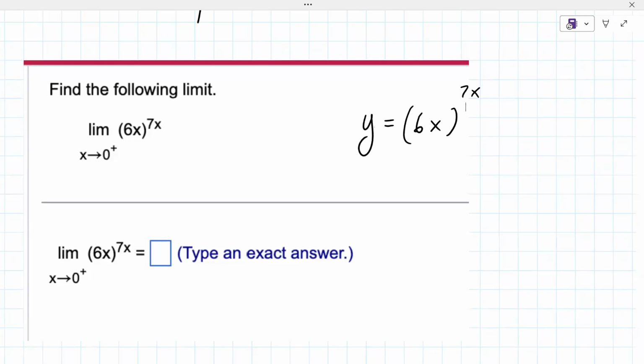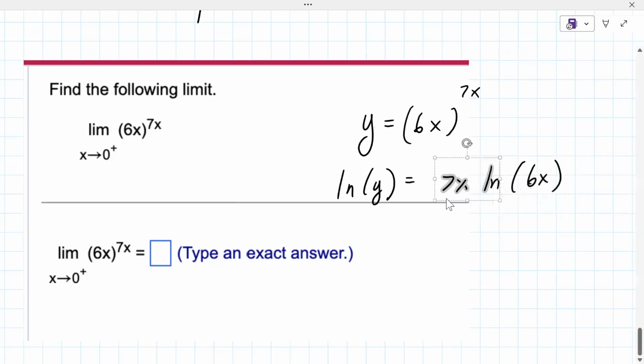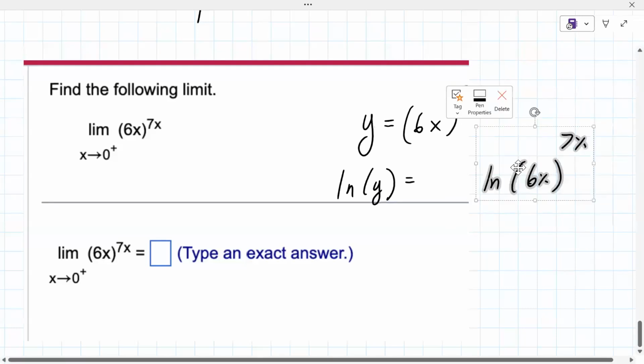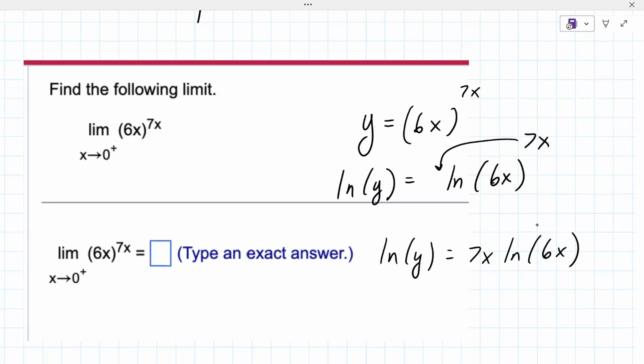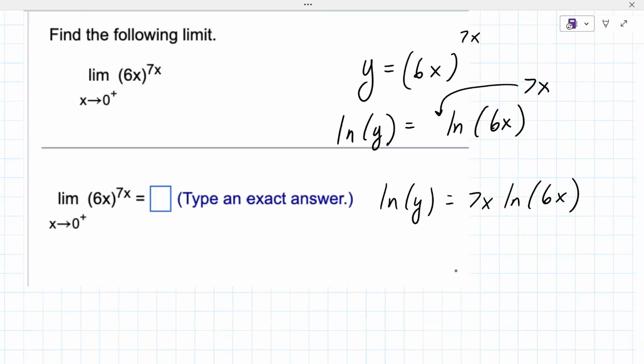So let's take the natural log of y, like we were doing. I think we did this in a previous lesson. Natural log of 6x. And the 7x can come out in front. So it becomes natural log of y equals 7x natural log of 6x. And now we can take a derivative.